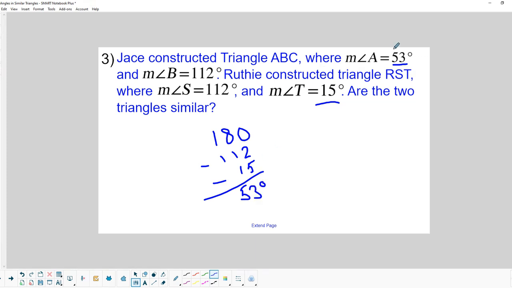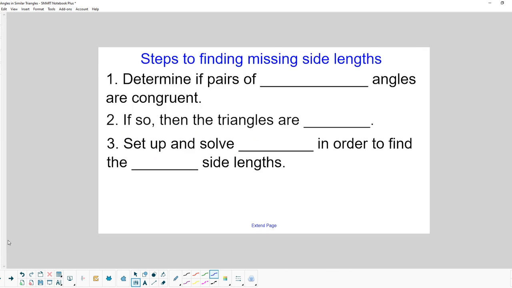Oh, look at that. This was 53 degrees as well. So this does show that the three angles of each triangle have the same angle measures. So that means that they are similar. Okay, what's our next question here then?